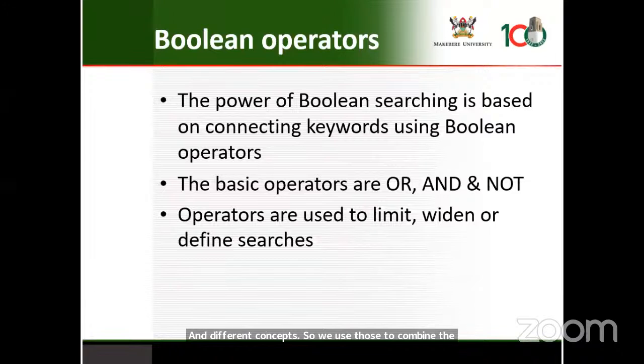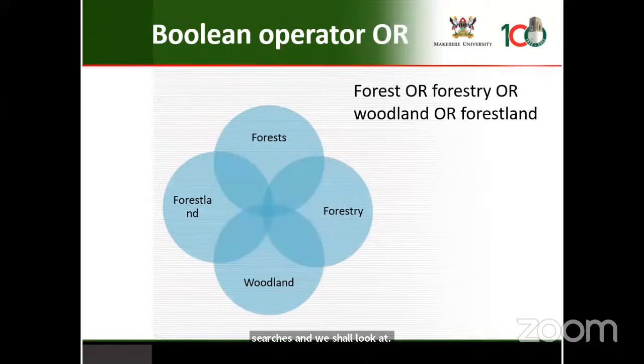The basic ones are OR, AND, NOT. These are used to either limit, widen, or define searches, and we shall look at examples. I mentioned that there are mainly 3: OR, AND, NOT.